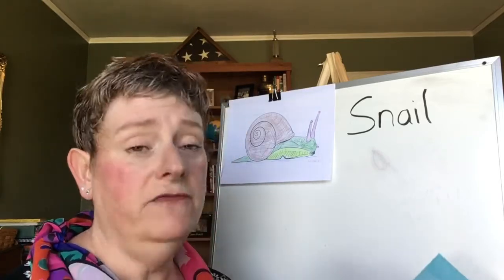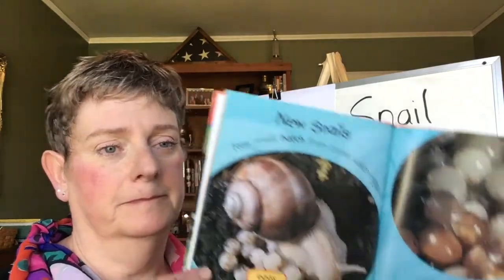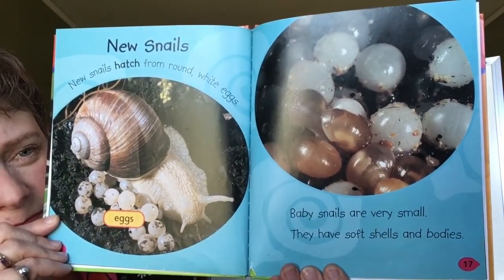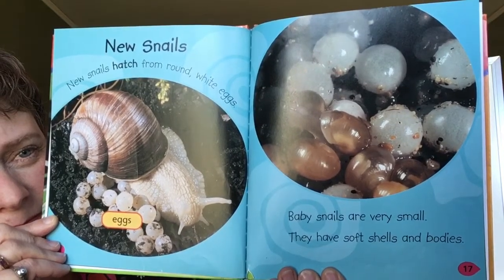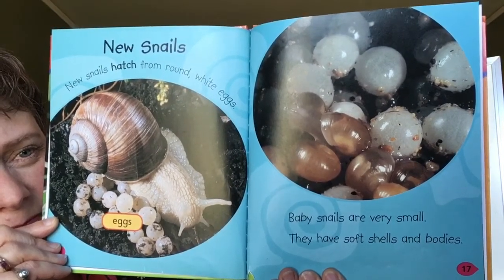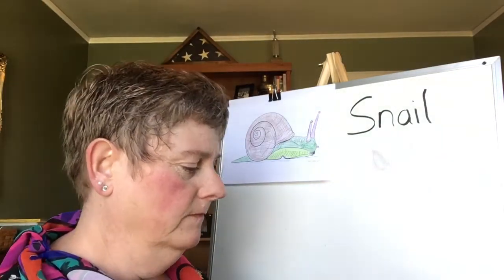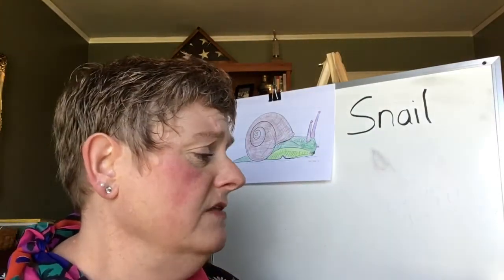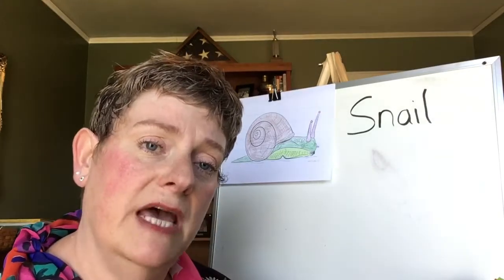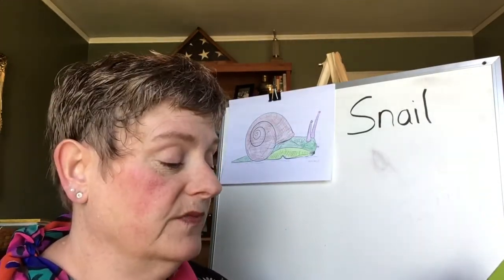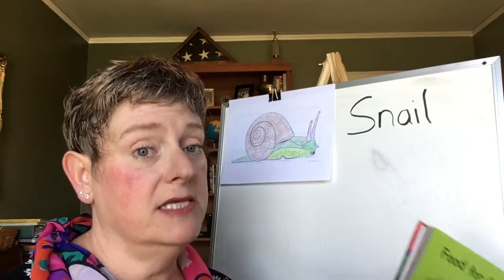They have soft shells and bodies. Snails eat the leaves and flowers of dead plants. They eat growing plants too. Snails can be garden pests.